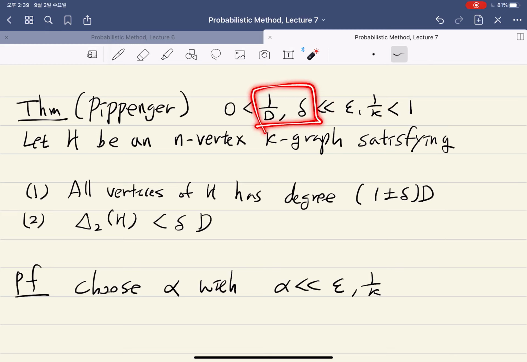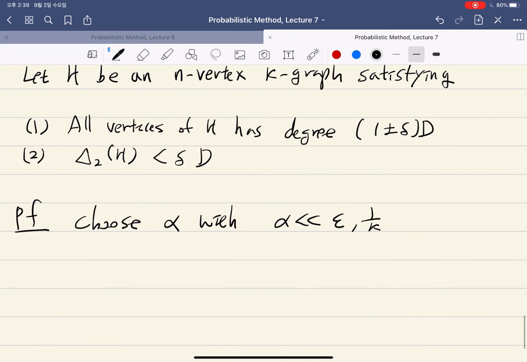We should be able to find these which satisfy this, right? These are given, and we choose some large number 1 over k as we want. And for given those, we will choose this alpha.